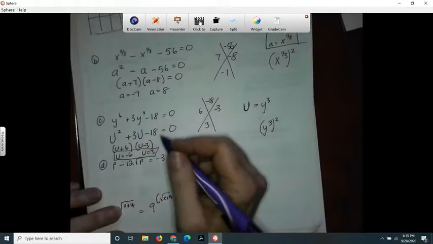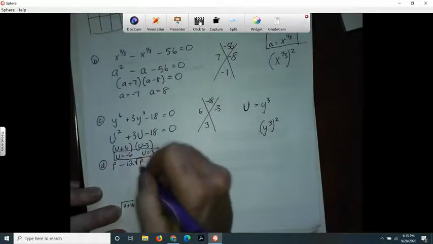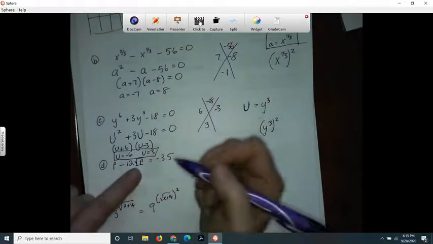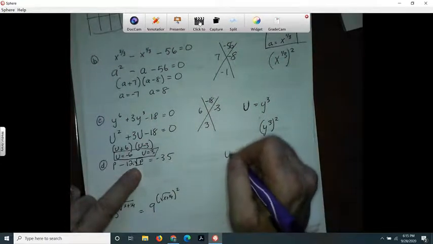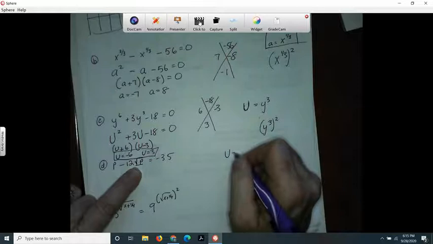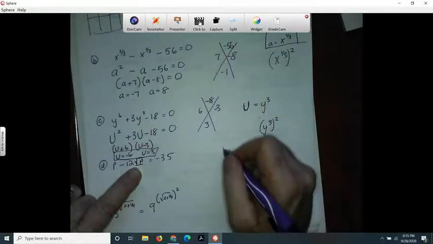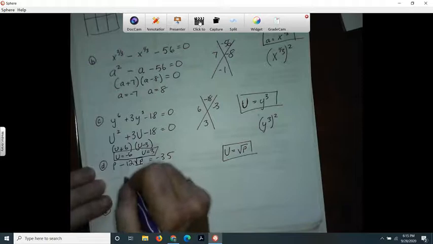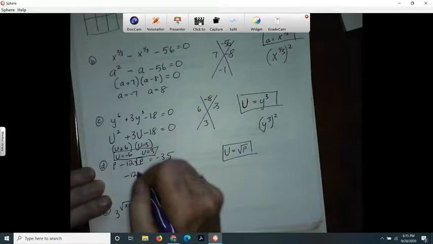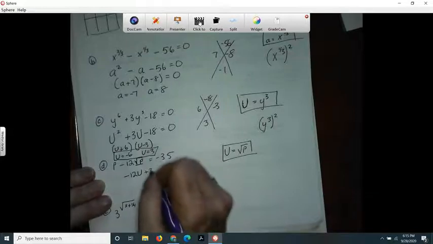Now this one's interesting. I don't know if you can see it, but this is a square root sign right here. I'm going to take this and let it be my u. U is equal to square root p. So I've got -12u, and I'm going to bring the 35 to the other side.